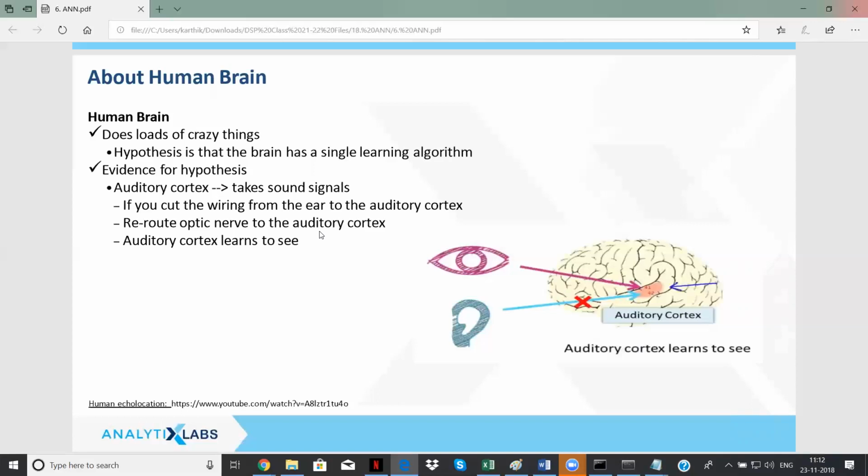How do you smell? What is your nasal cortex? Nose, right? How do you smell? It's through the nose, right? How do you think snakes smell? Using the tongue. Why? Because their wiring has been modified. We use our tongue to feel taste.